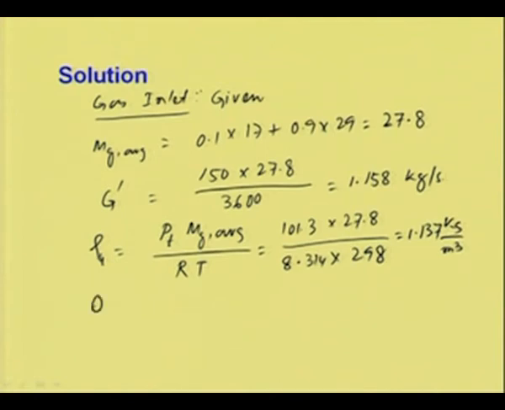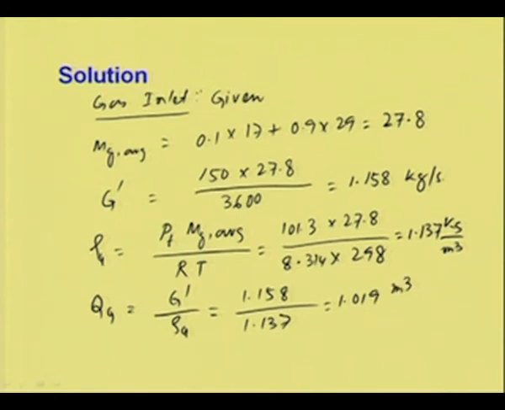Qg, the volumetric flow rate of the gas, is G dash by rho g, which is equal to 1.158 divided by 1.137, which is equal to 1.019 meter cube per second.